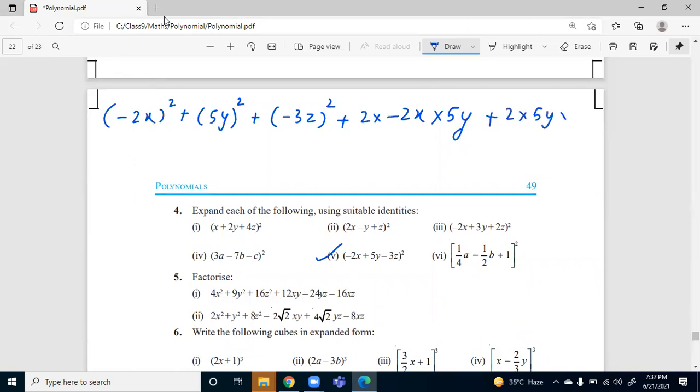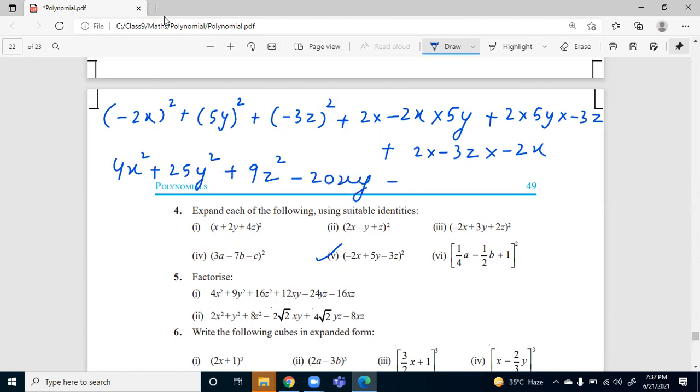Yes, ma'am. Okay, just a minute. I'm just writing the first step. You tell me the final answer. Should I tell now? Yeah, go ahead. 4x square plus 25y square plus 9z square minus 20xy minus 30yz plus 12xz.